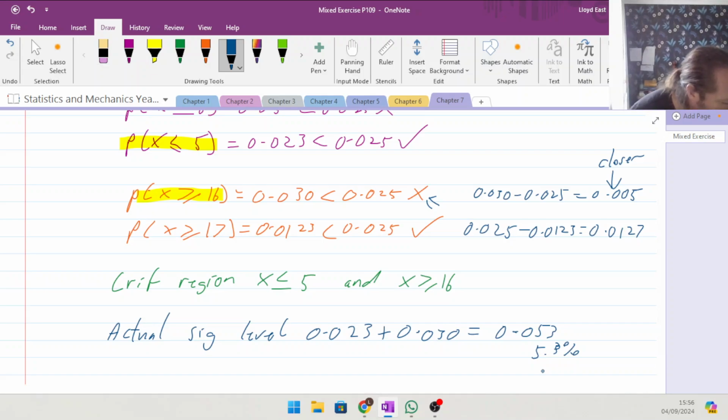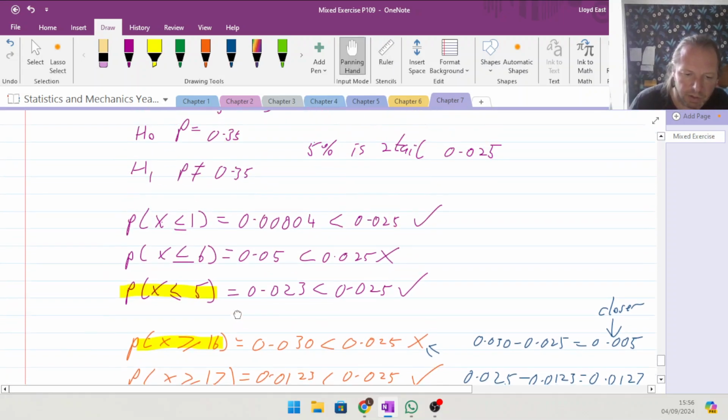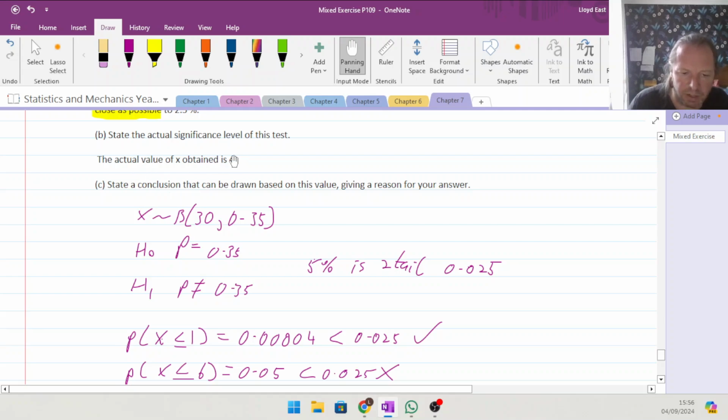So the actual value of x obtained is 4 for the next part. State a conclusion that can be drawn based on this value, giving a reason for your answer.